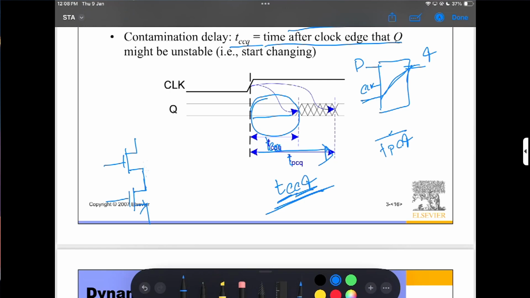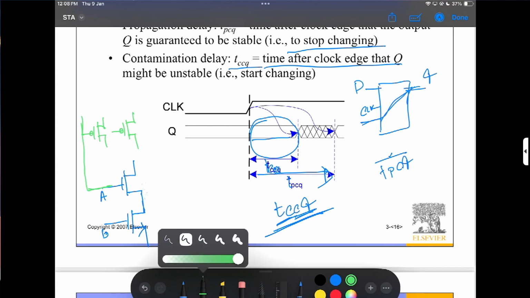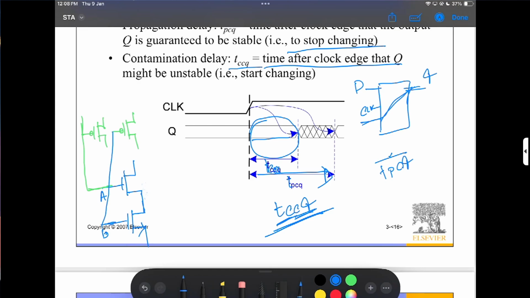They are NMOS, here A, here B. So basically this is the pull-down network, and here is my pull-up network with A and B. This is connected, and here we take the output. Here is my VDD, and here is my ground.